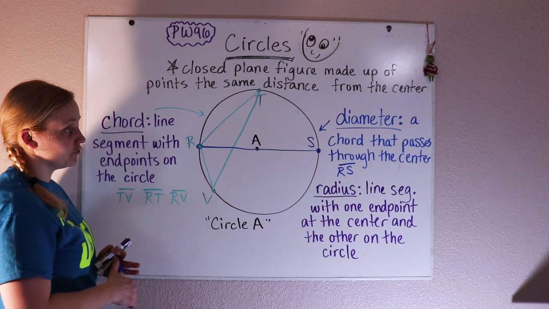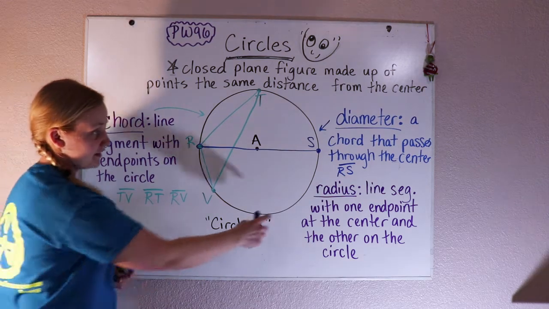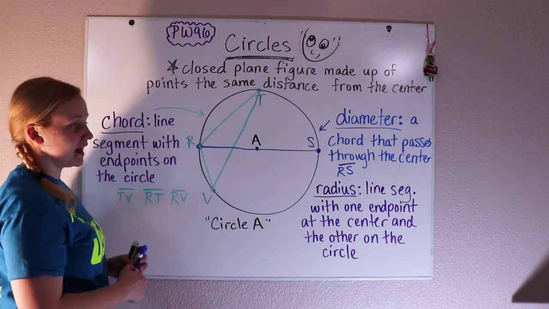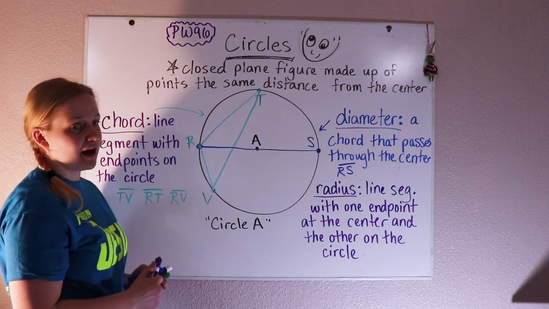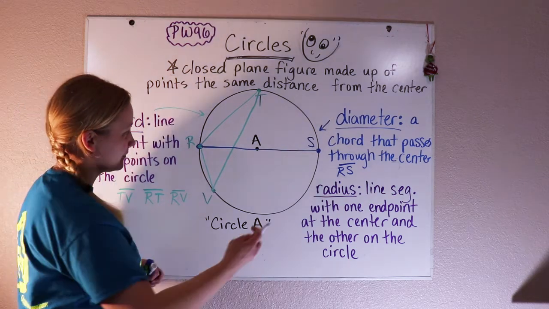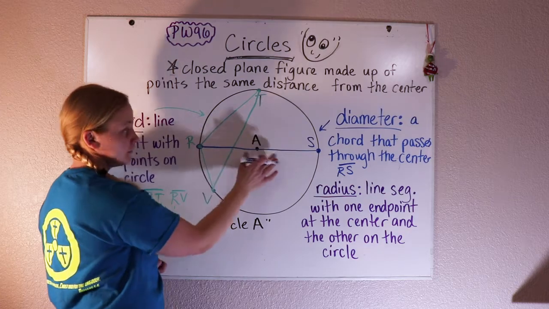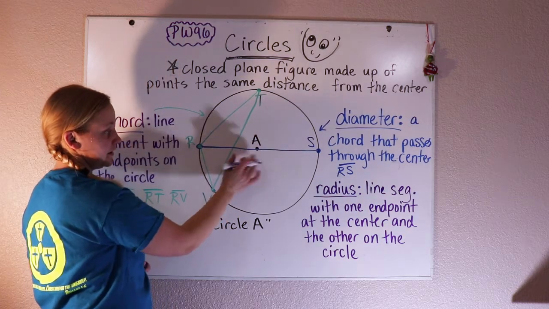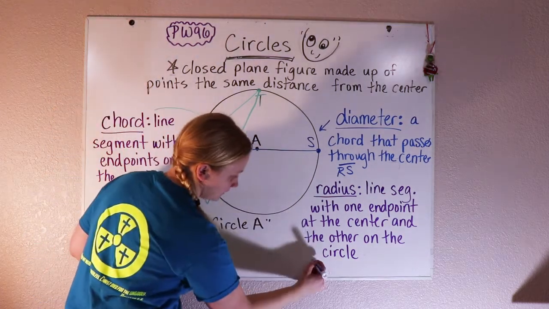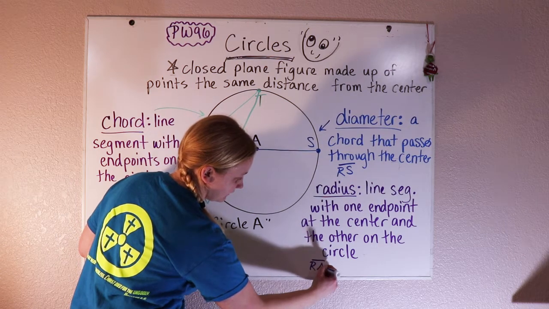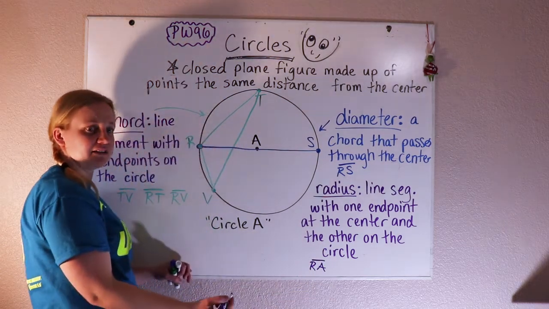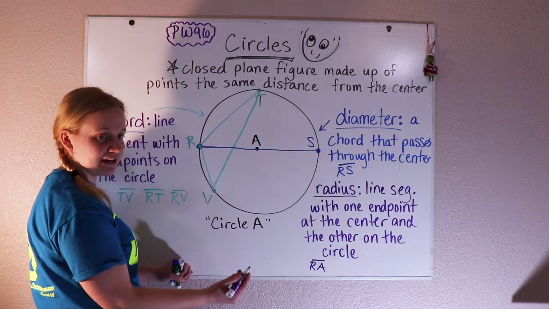And finally, radius. Radius is a line segment with one endpoint at the center and the other on the circle. So each half of the diameter is a radius. RA is a radius. I've got some kids in the room with me while I'm filming today.